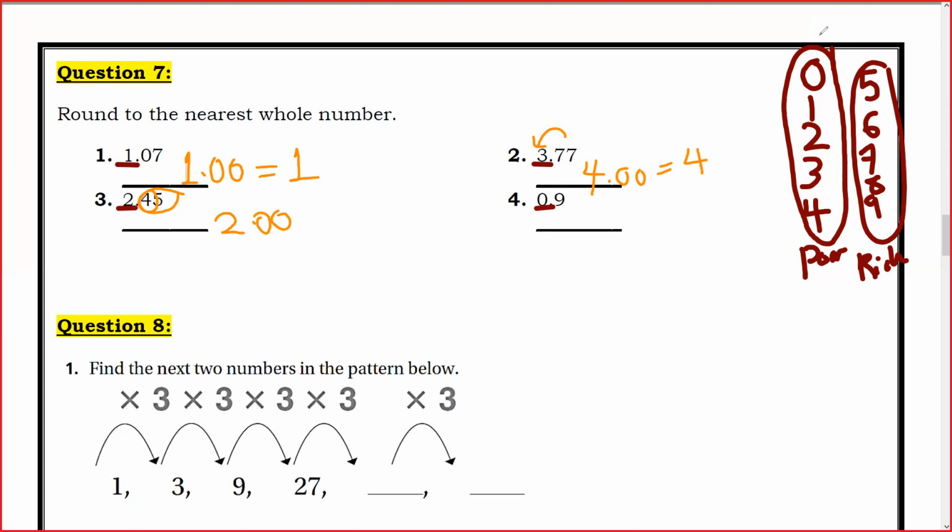Yeah, number 4. Who wants to solve it? What's your name? Hunada. Yes, Hunada. Here you have 0.9 or 9 tenths. 9 is a rich number, so we will add 1 to the 0, and it will be 1.00.